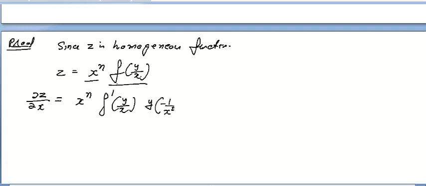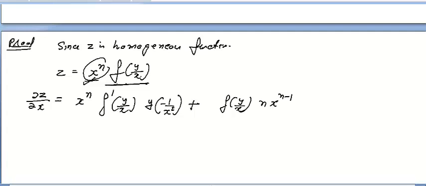square. We have already done this kind of question earlier. Plus u outside, derivative of v: f(y over x) outside, then the derivative of x raised to power n, which is n x raised to power n minus 1.